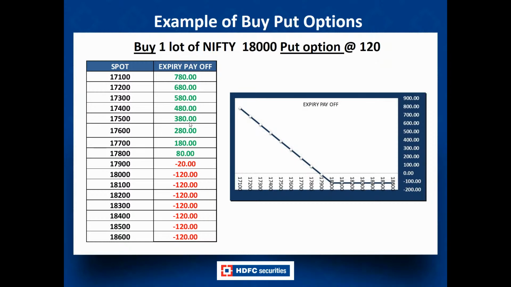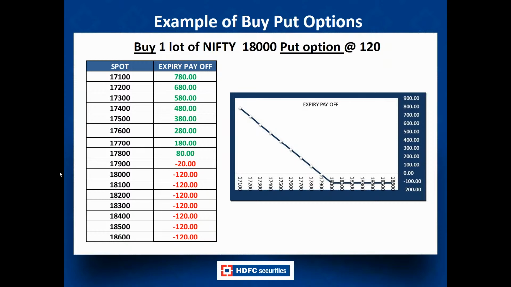That means around 3 times your investment you will be making as profit. So that's the beauty of buying an option. However, you have to get a good timing of buying the option. If your view goes right, you tend to make unlimited profit. But if your view goes wrong, your loss is 120 rupees and not more than that.